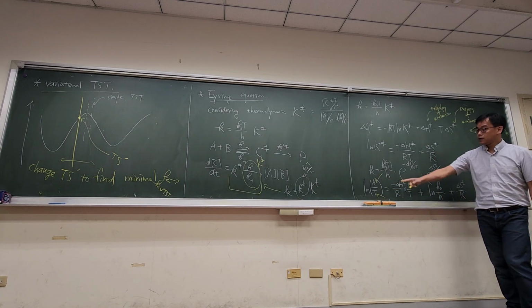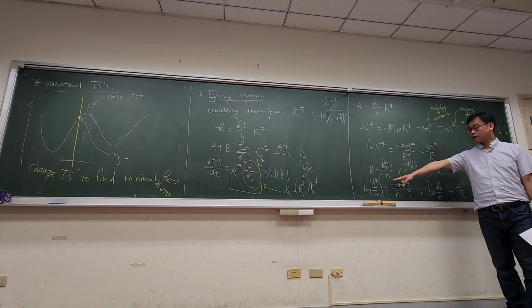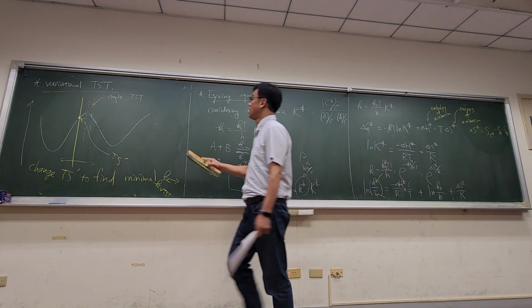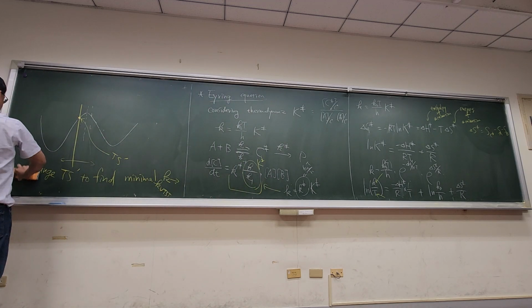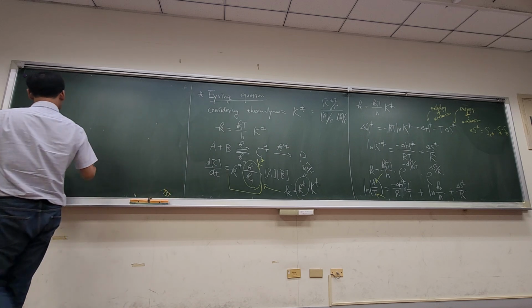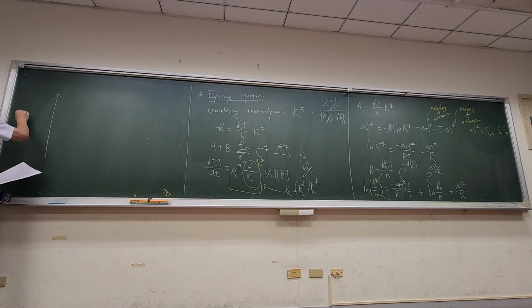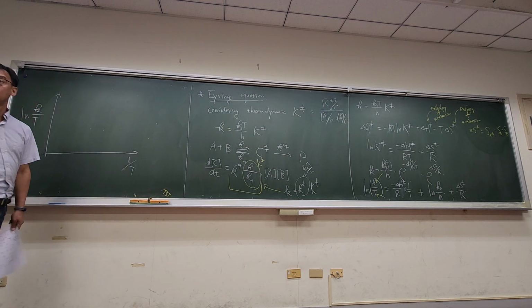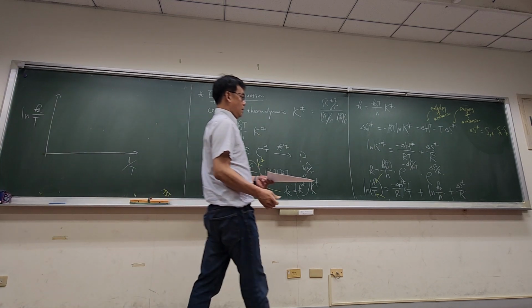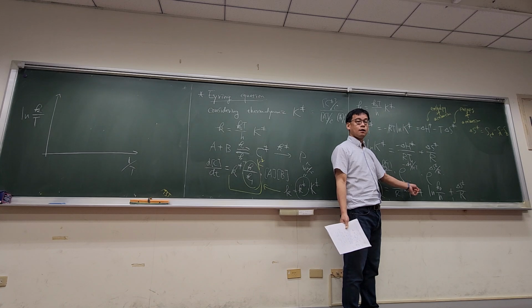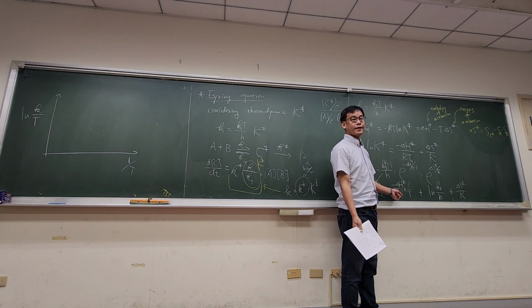And you plot natural log of k over T versus 1 over T. And actually, it will be linear in 1 over T. And the slope is negative.